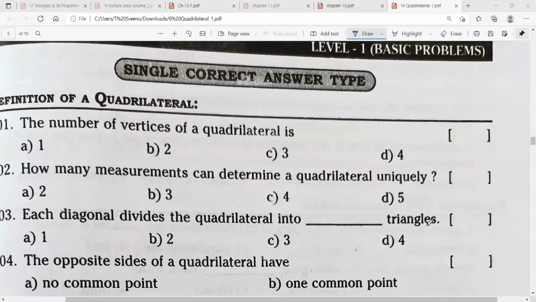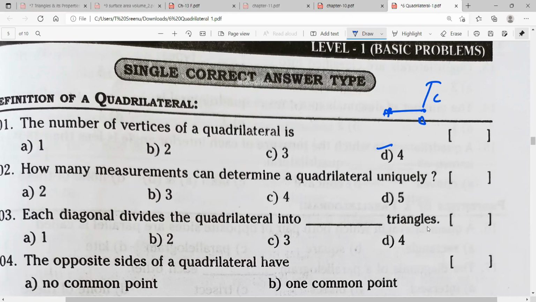So we'll check objective, basic type questions. The number of vertices of a quadrilateral. How many? 4. How many measurements can determine a quadrilateral uniquely? How many measurements do we want to draw a quadrilateral? Suppose side AB is given. Is it complete? No. So you want BC also?